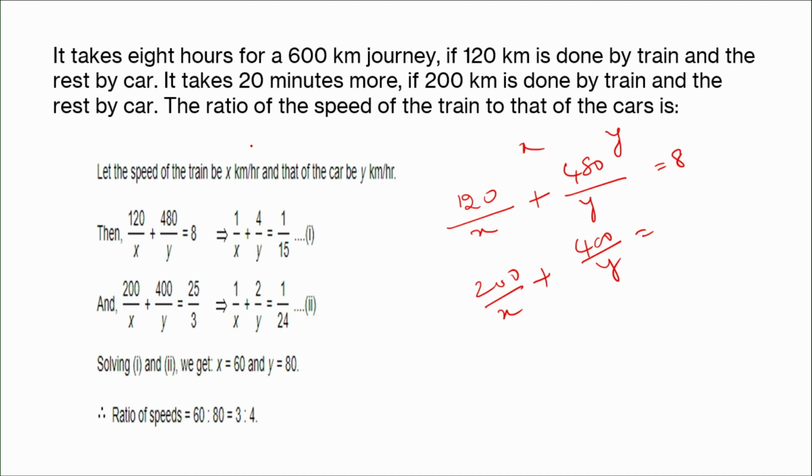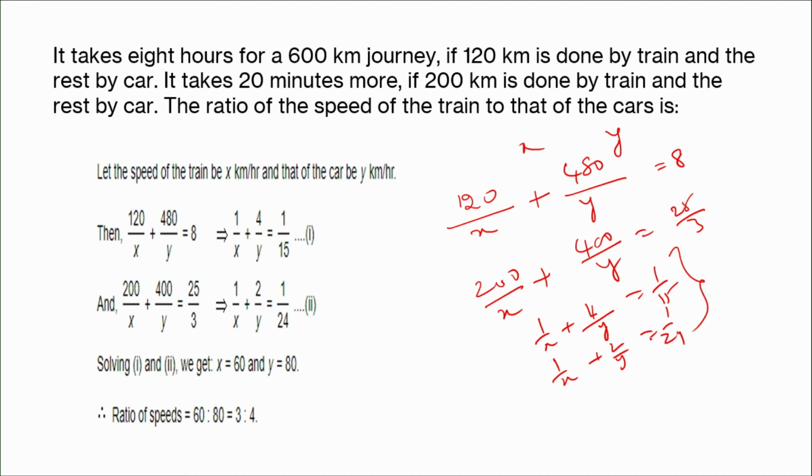It takes 20 minutes more, so 8 hours 20 minutes, which we can say is 25 by 3. Comparing these, we get the equations 1 by x plus 4 by y equal to 1 by 15, and 1 by x plus 2 by y equal to 1 by 24.